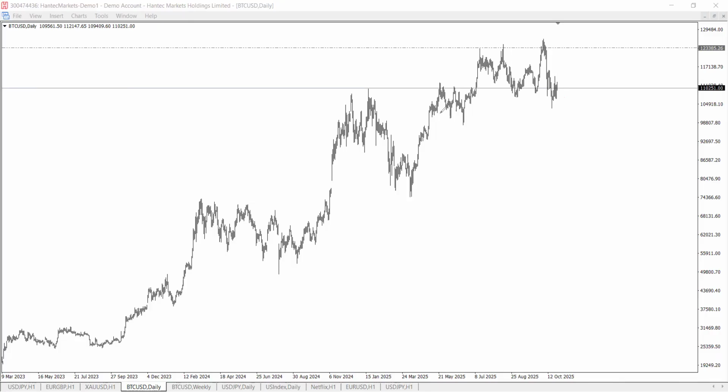And when I say the all-time highs, price pushed up to this area here. And as you can see from here, price went down. So that means that price acted as a resistance. When we talk about resistance, it is where price goes down, where there is selling action. And of course, support is where there's buying action.